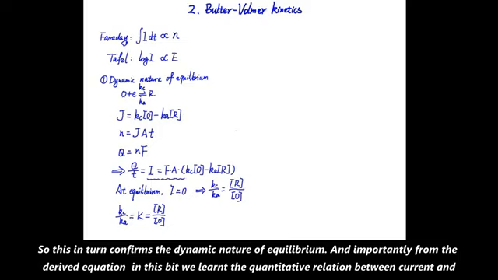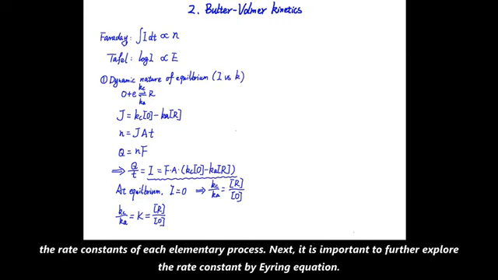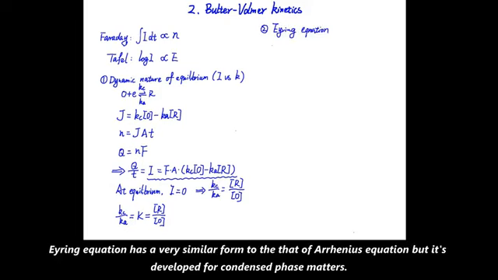Importantly, from the derived equation we learned the quantitative relation between current and the rate constant of each elementary process. Next, it's important to further explore the rate constant by the Arrhenius equation. The Eyring equation has a very similar form to that of the Arrhenius equation, but is developed for condensed phase matter.